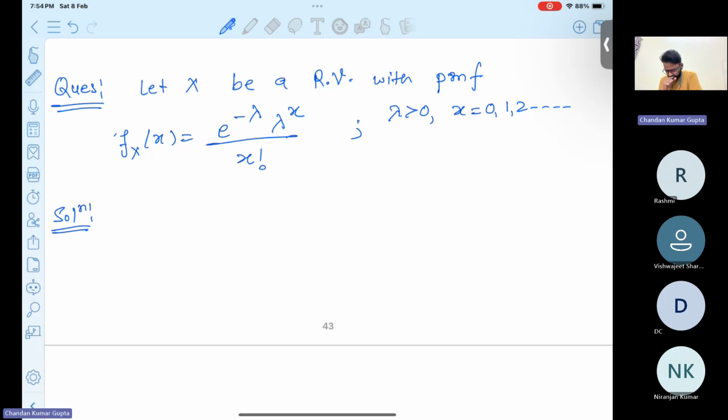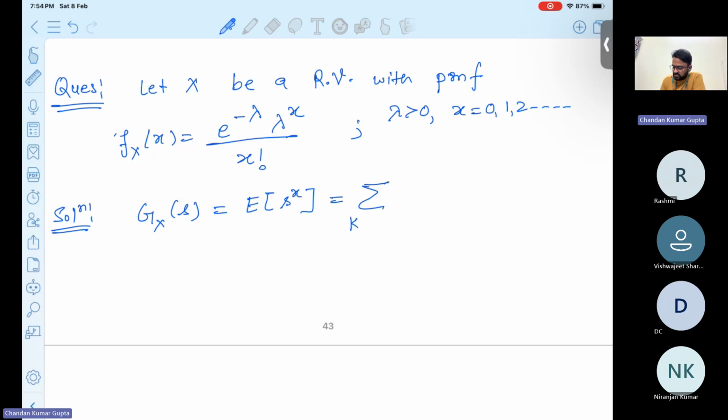Look, the probability generating function is defined as the expected value of s to the power x, if you remember. This is how the PGF is defined. Since it is a discrete random variable, we write the sum from x equal to 0 to infinity, because in the Poisson distribution, x may vary from 0, 1 up to infinity.